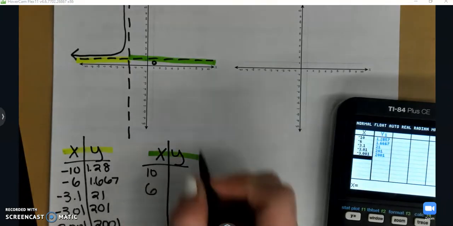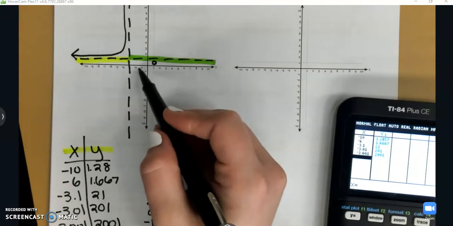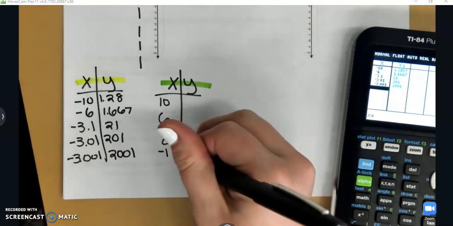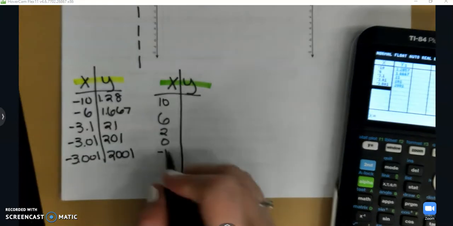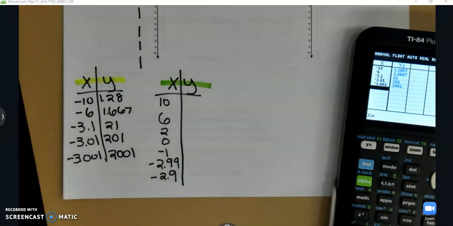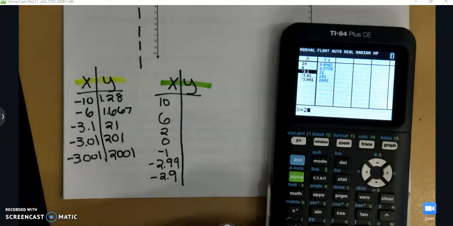Let's go with 6, maybe 2, 0, -1. And again, we're going to be hitting this boundary at -3. So we want to find values that are close but don't equal -3. So like -2.99, -2.9, and so on. So now I'm going to put these values into my table.